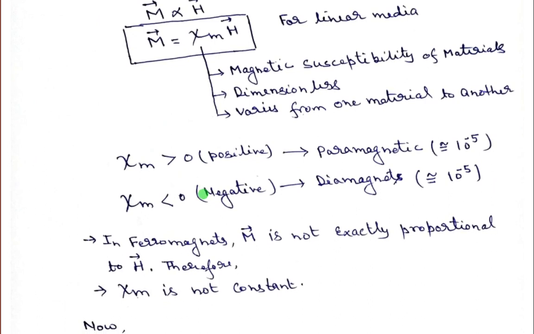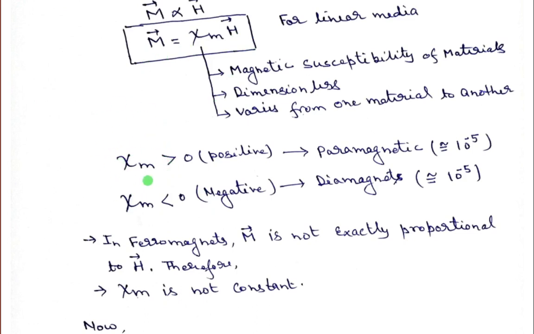Based on the value of chi m, one can differentiate whether the magnetic material is diamagnetic or paramagnetic. If you apply a magnetic field and measure M, then the ratio of M and H gives chi.